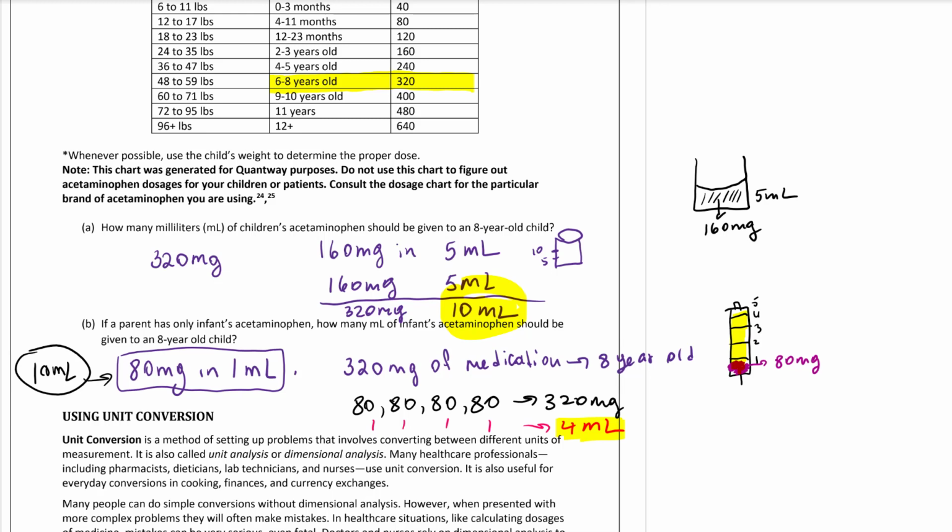Well, if there are 80 milligrams in one and you give 10 ml, you're giving a child 800 milligrams of acetaminophen, which is an adult dosage, to an 8-year-old. So instead of giving 320, you ended up giving 800, which is more than twice the amount. That's dangerous, right?